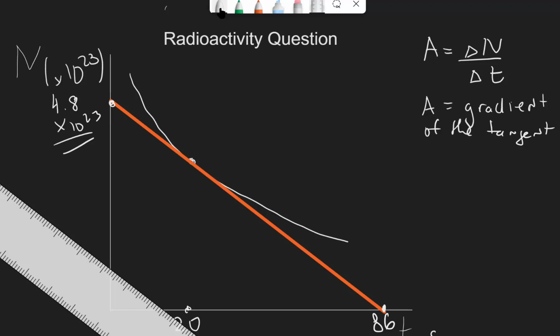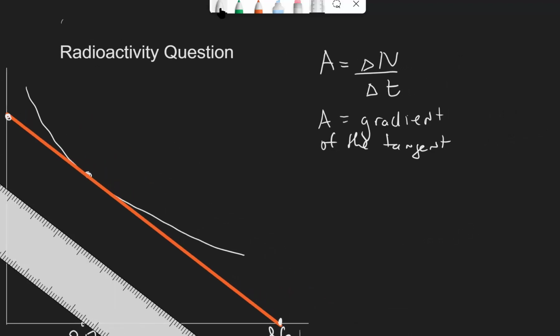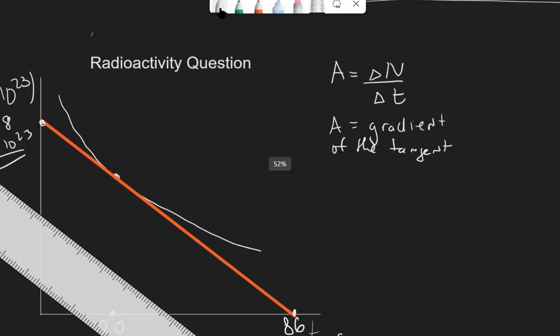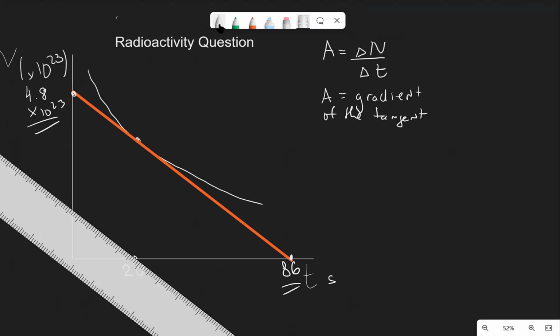And because of that, we can find the gradient. In other words, our delta n will be 4.8 times 10 to the power of 23, at least for my gradient, divided by 86.